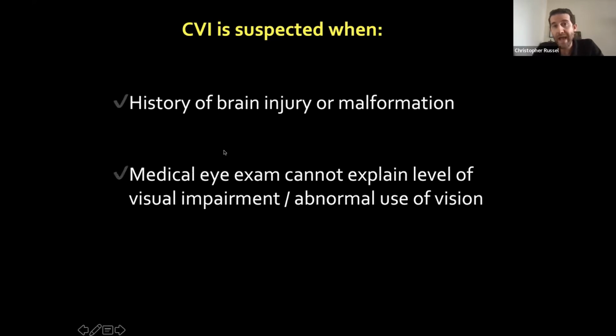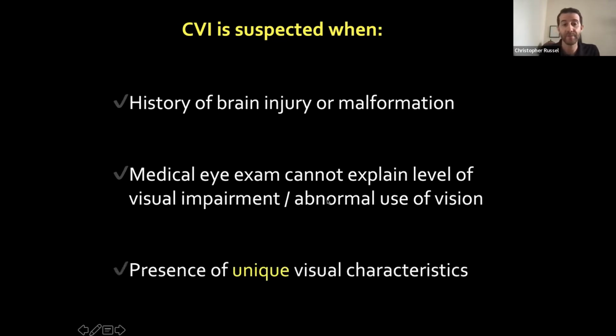You still need to have a comprehensive eye exam from an ophthalmologist or optometrist, or even a neuro-ophthalmologist. Usually that is to rule out additional or alternate ocular forms of visual impairment that could explain what we're observing in this abnormal use of vision or this lack of access to visual information.